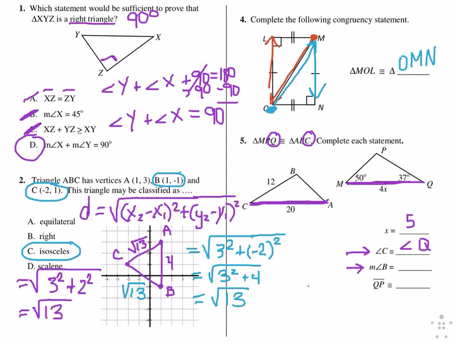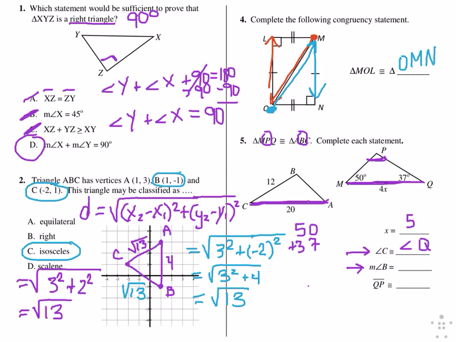Now we have the measure of angle B. So what does angle B correspond to? Angle B is the letter in the middle, so it corresponds to angle P. And angle P is right here, and we don't have a number value for that, but we could solve because we know that the interior angles of a triangle have to add to a sum of 180 degrees.